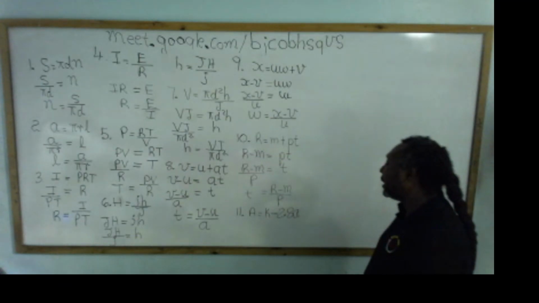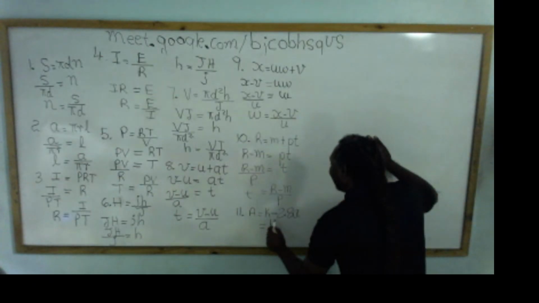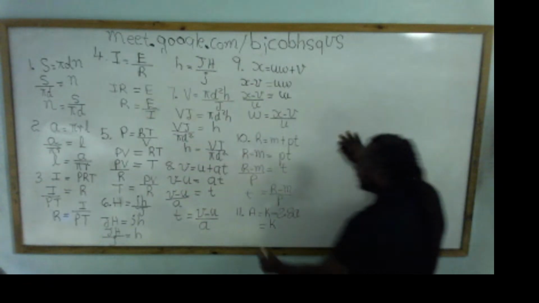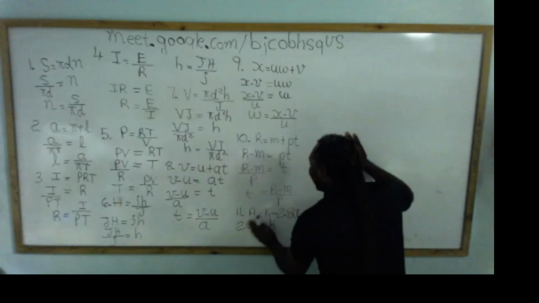And of course, when we eliminate that by addition, we have the k right there. And then we'll have a positive 2.8a on that side.